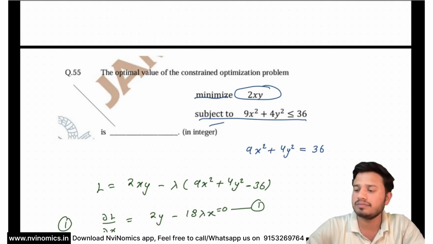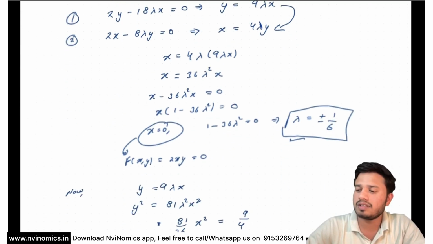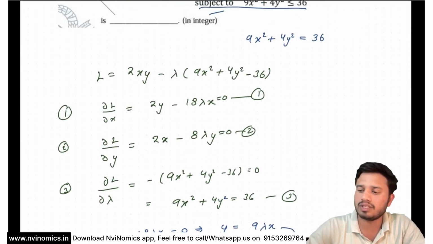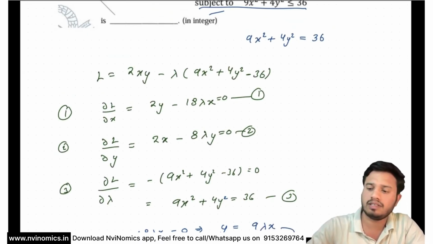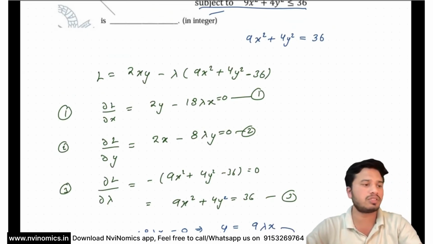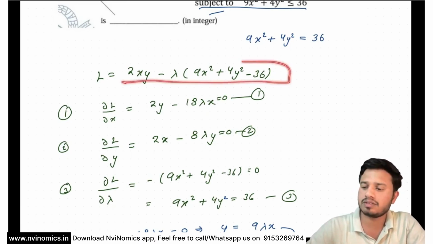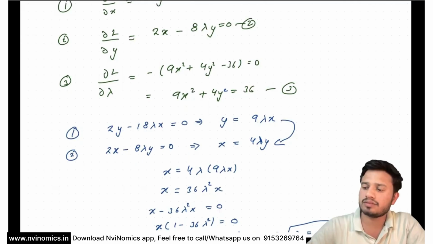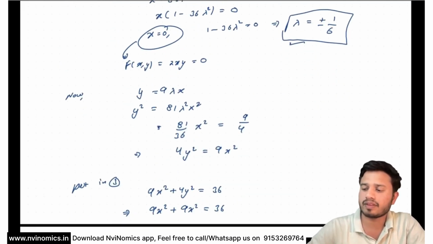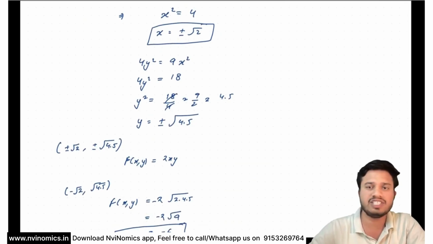So this is how the Lagrange multiplier method works: you start from this, then find the partial derivatives, then find the critical points, and you just plug and check.